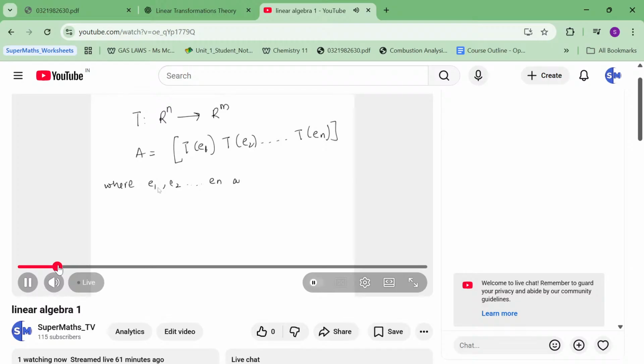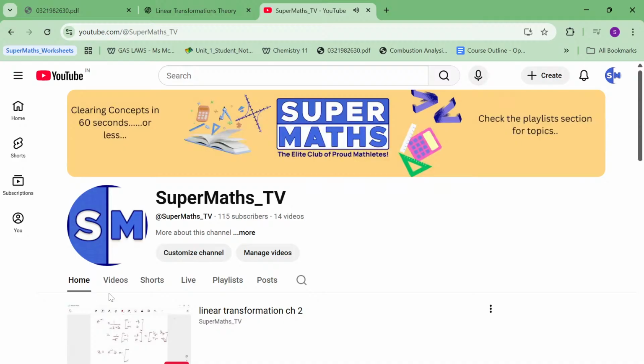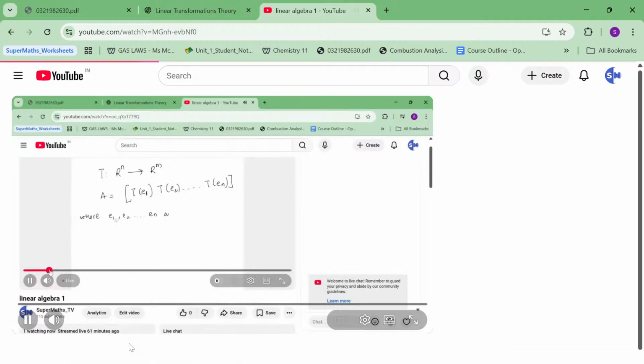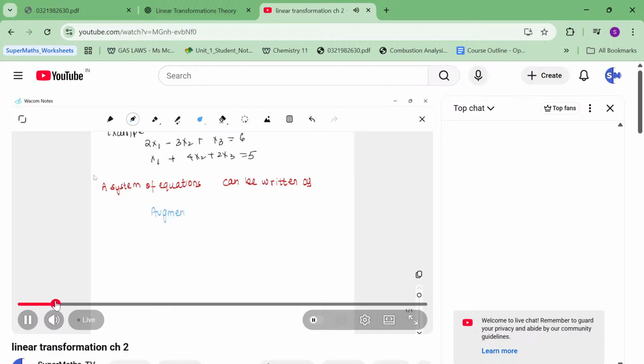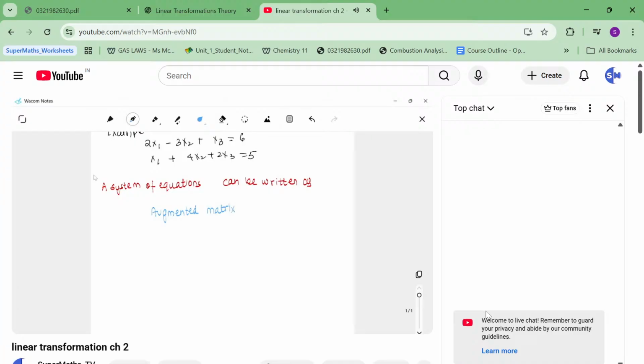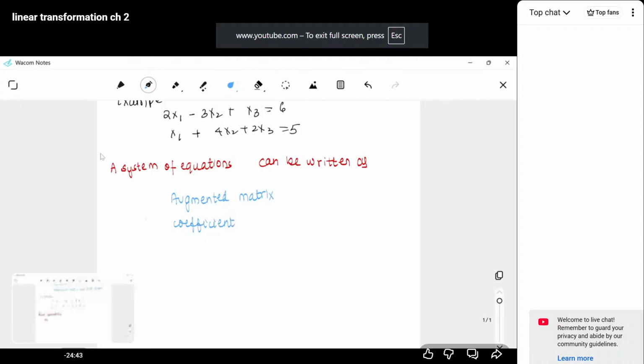Then standard basis variables. Standard matrix. Coefficient matrix.